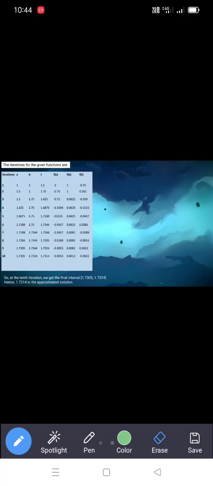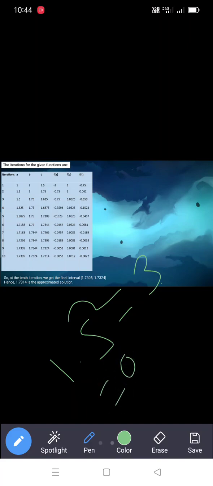Then we put this value in the function. 1.5 square in the equation. What is our equation? X square minus 3. So we put the value 1.5 square minus 3. So it gives negative 0.75.